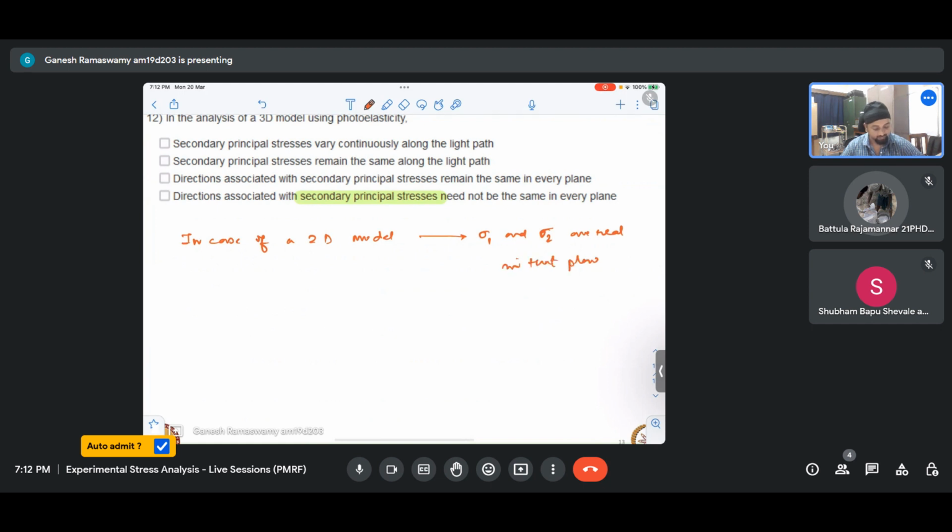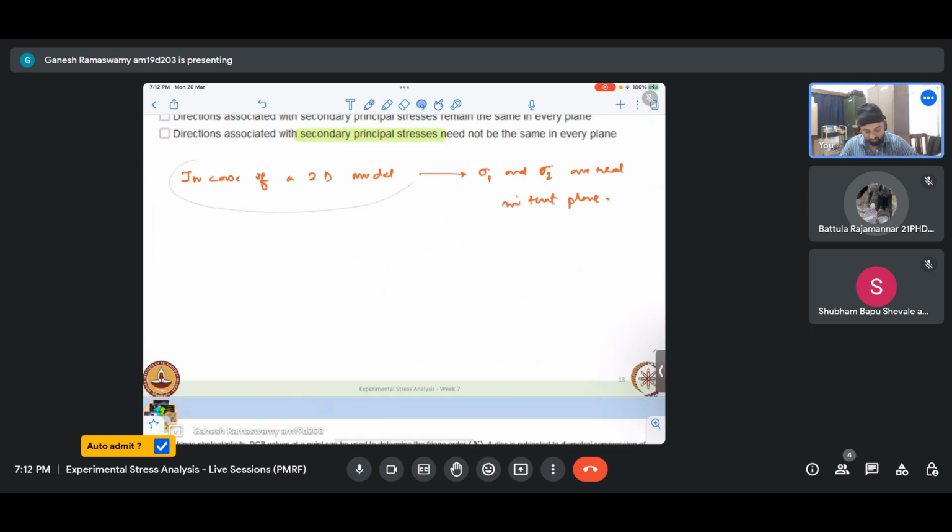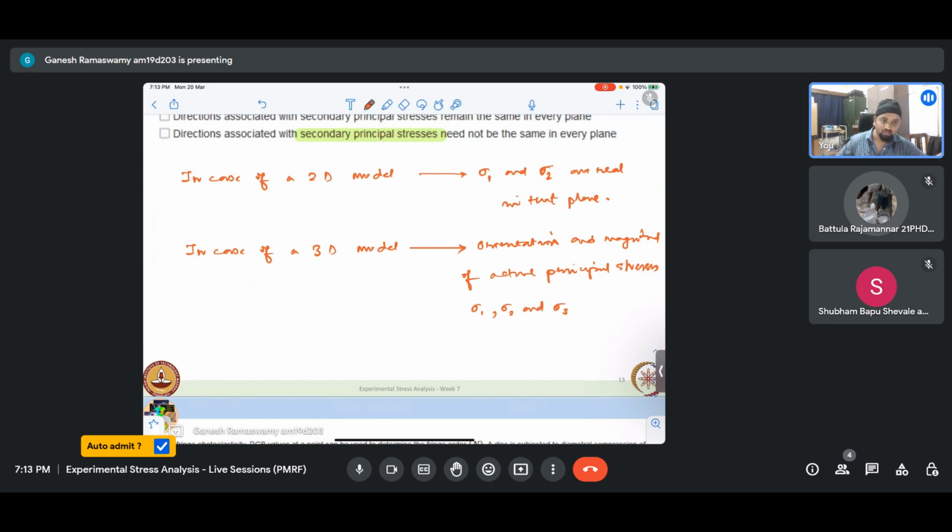Whereas in case of a 3D model, the orientation and magnitudes of actual principal stresses, that is sigma 1, sigma 2 and sigma 3, need not be confined to the plane perpendicular to the light path.